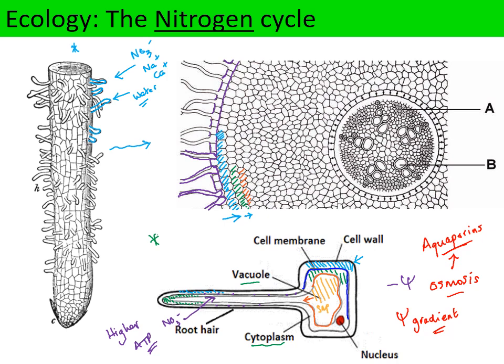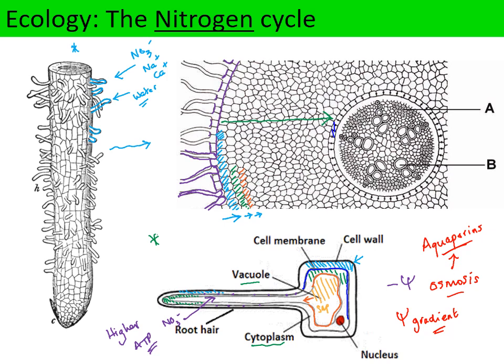So again, the water moves by osmosis down a water potential gradient into the next cortex cells. And this continues all the way across the cortex, which are these cells here, until the water and the dissolved minerals and the nitrates, etc., get to the endodermis.